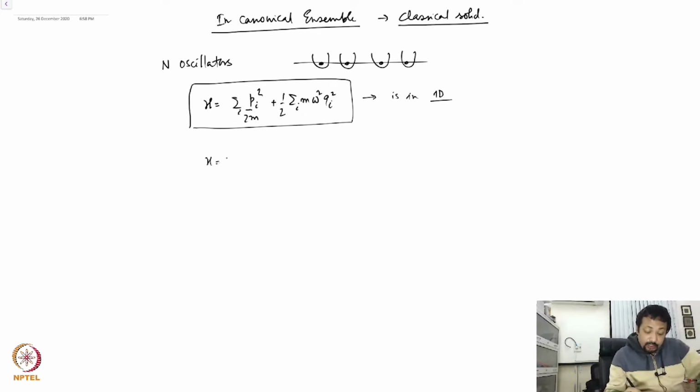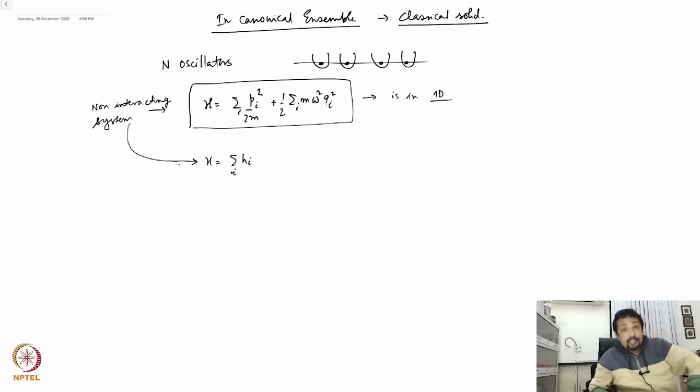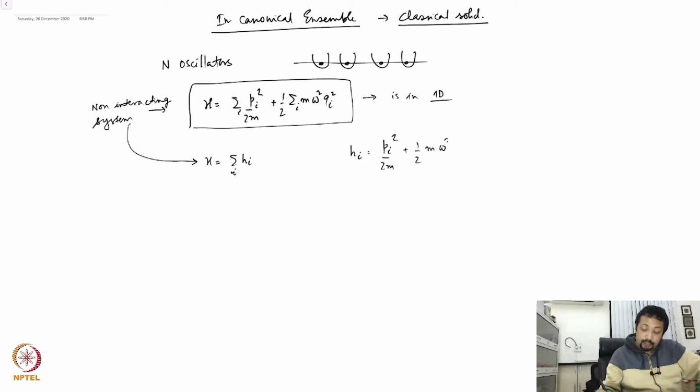So the Hamiltonian I can write down as sum over i of h_i. So this is a non-interacting system, and consequently I can write down the Hamiltonian as a sum of single particle Hamiltonians, where h_i is p_i squared over 2m plus half m omega squared q_i squared.